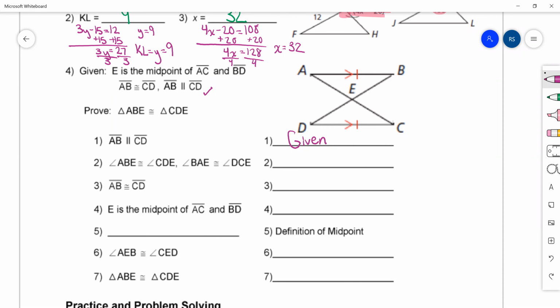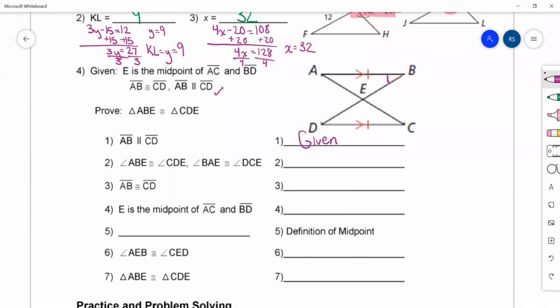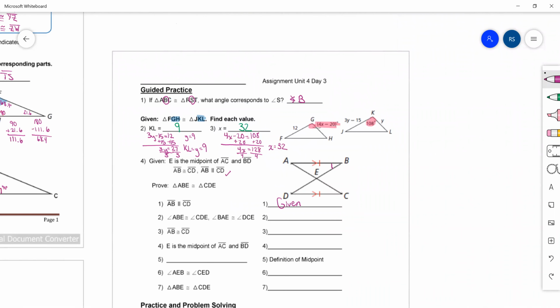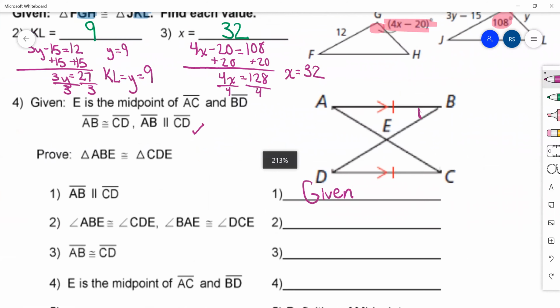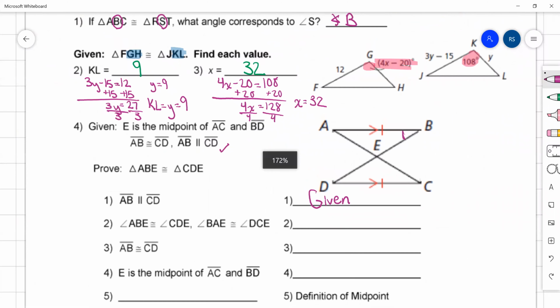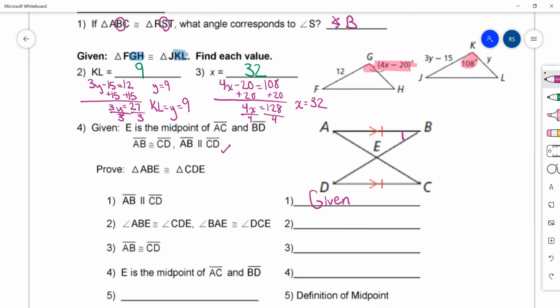So then it tells us that angle ABE, so this angle right here, is congruent to CDE. Whoa, why is it zooming out on me? It's going crazy. There's CDE.